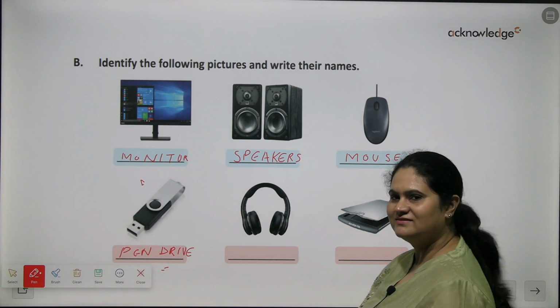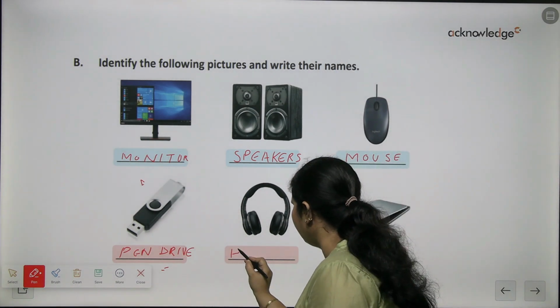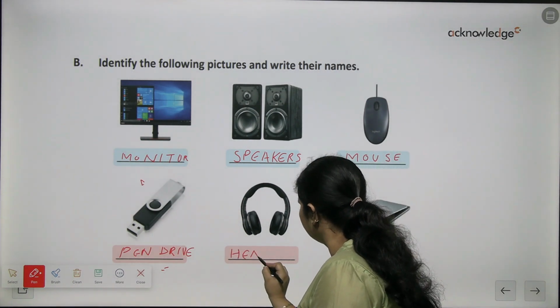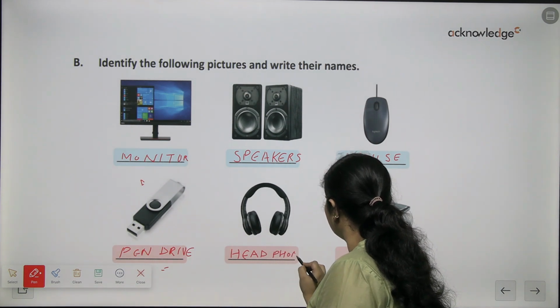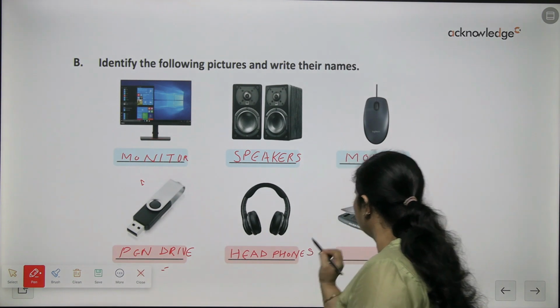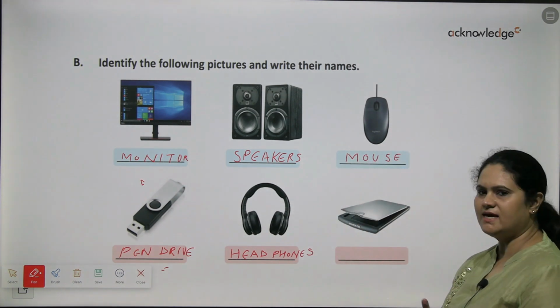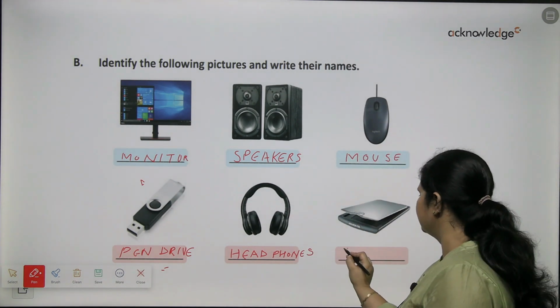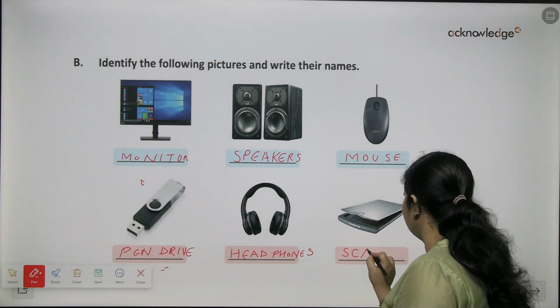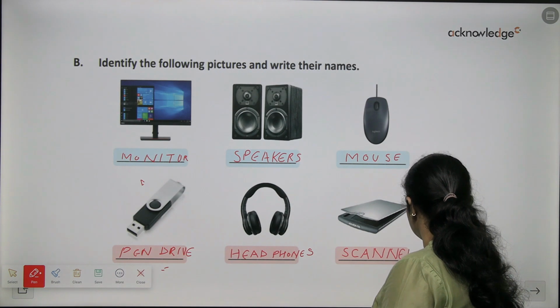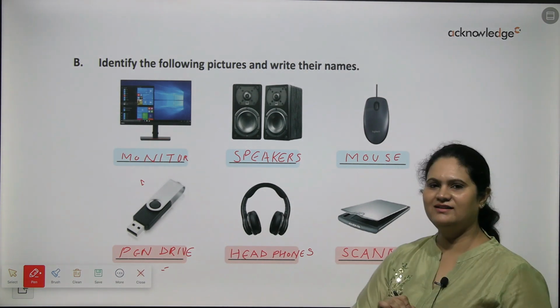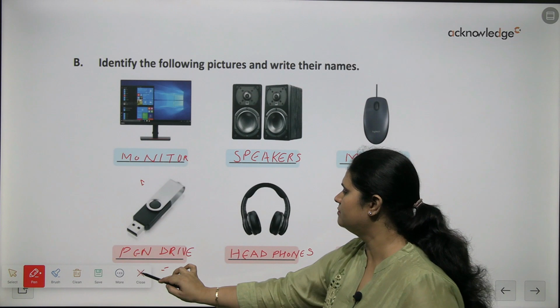These are headphones. Very good, children. And lastly, what is this? This is a scanner to scan our text or pictures. Right, children? Let's move on.